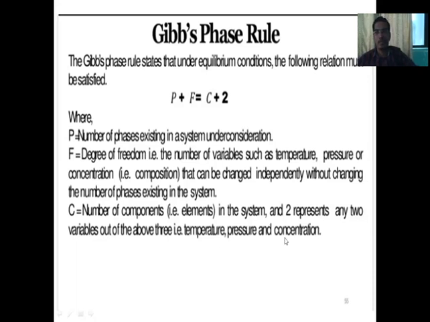We always consider these three variables for forming any material, and out of these three, for the phase rule we consider two variables, so those two variables are represented by the value 2.